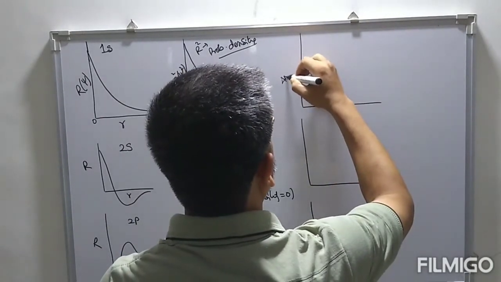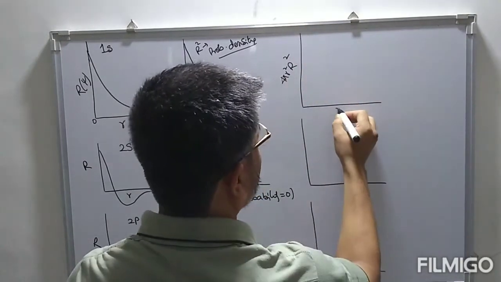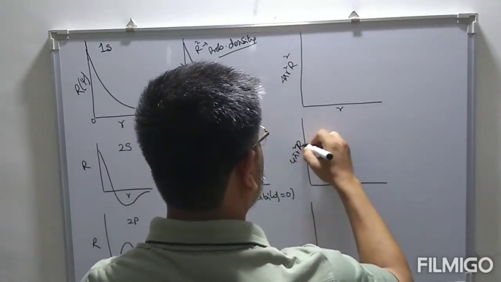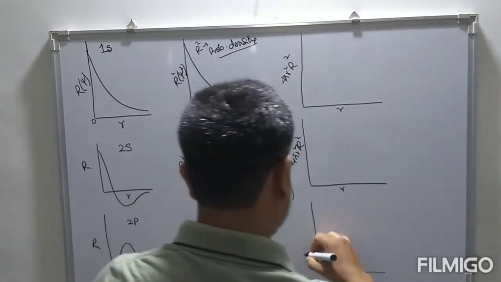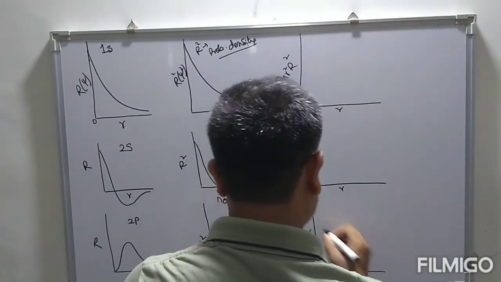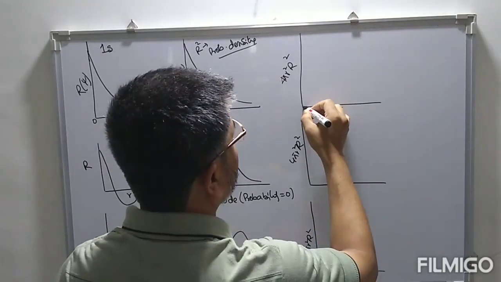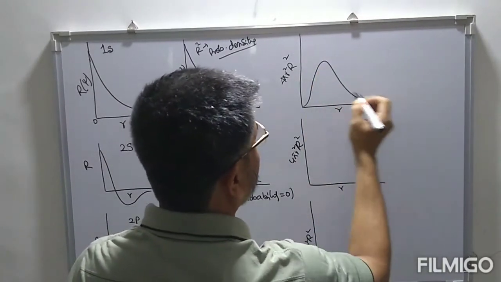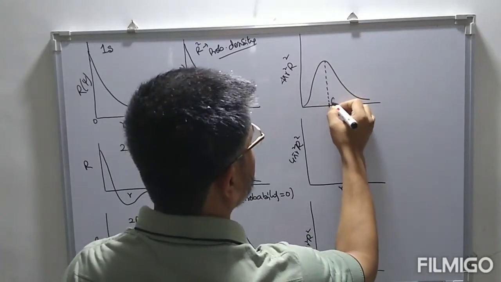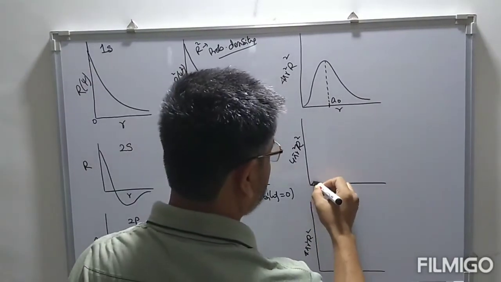So we have 4 pi r square into dr. Then 4 pi r square into dr. This distance is Bohr's radius, for 1s.